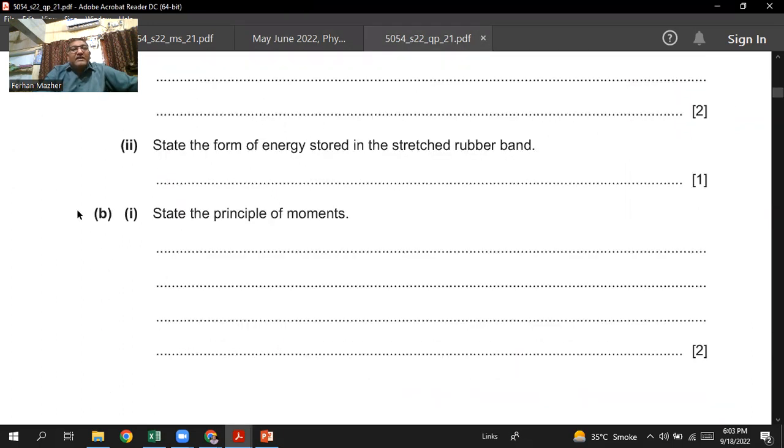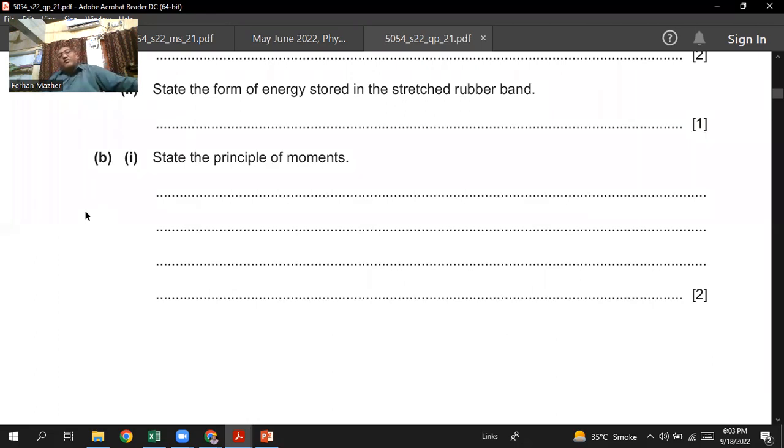Then it says state the principle of moments. The principle of moments is very simple. If a body is in equilibrium, the sum of the clockwise and the anti-clockwise turning effects or moments is equal to 0. Or in other words, if a body is in equilibrium about the pivot, the clockwise moment and the anti-clockwise moment about the pivot are equal to each other.